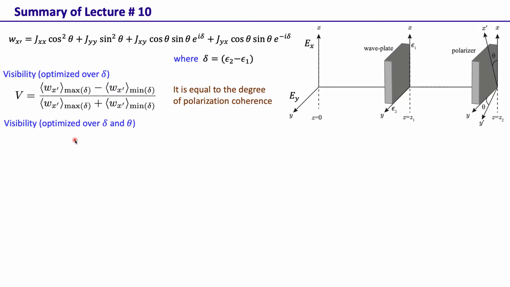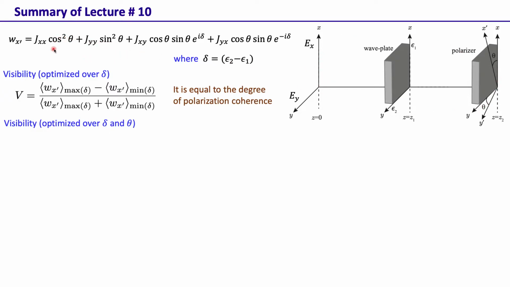This kind of quantity we didn't discuss in the context of time, space and angle interference, but we are doing it here. This cosine squared theta, over which we are going to optimize the visibility, was there also in our discussion of time, space and angle interference, but there we just wrote it as k1 squared, k2 squared, and we didn't change it. This was a constant of a given interferometer.